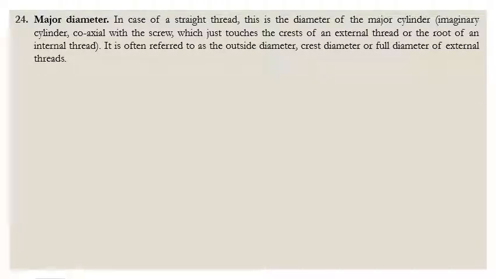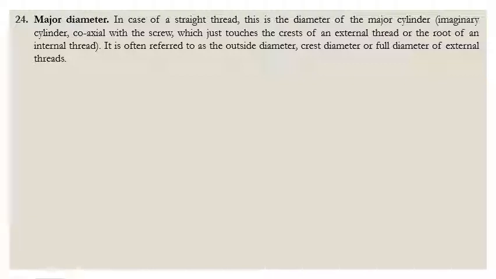Major diameter. In case of a straight thread, this is the diameter of major cylinder or an imaginary cylinder coaxial with the screw, which just touches the crest of an external thread or root of an internal thread.